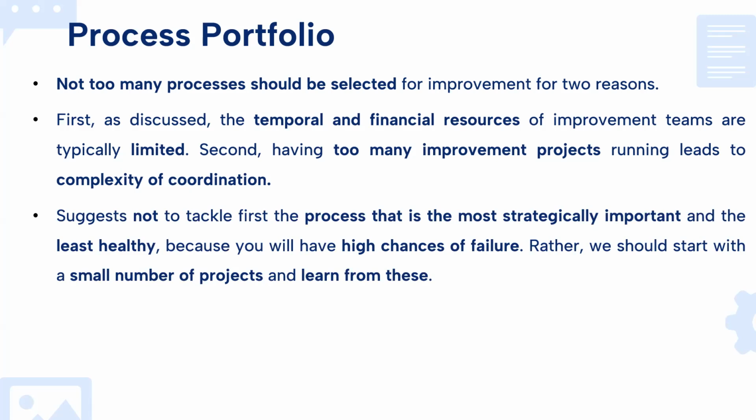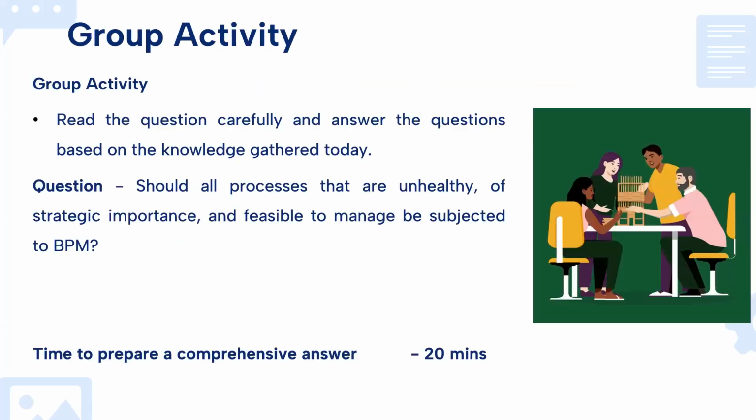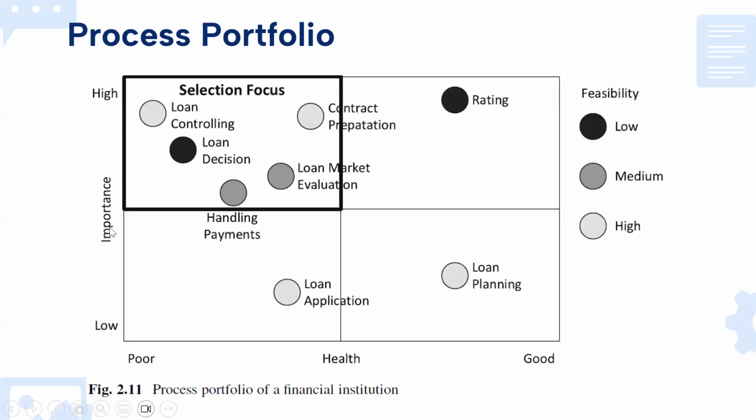Another factor is, for example, if an organization is starting its BPM journey only now, they don't have a track record or a history of successful projects. Under such situations, we should not go for the process with the highest strategic importance and the lowest health. We should not select a particular project like that.